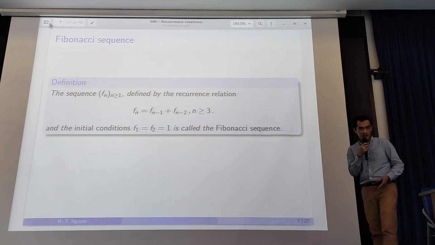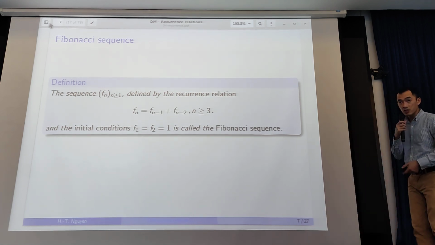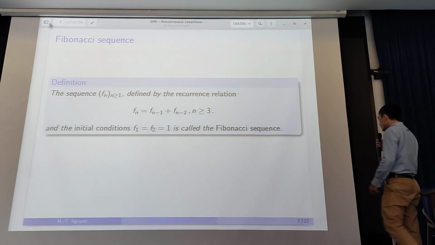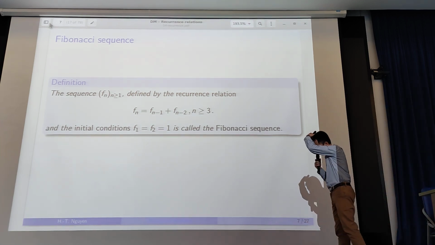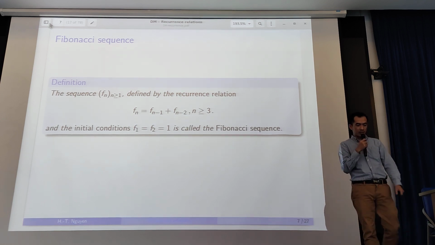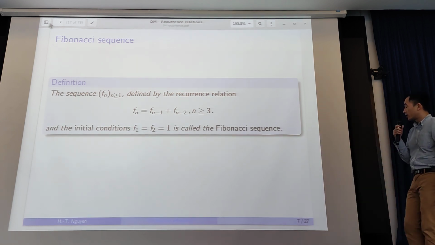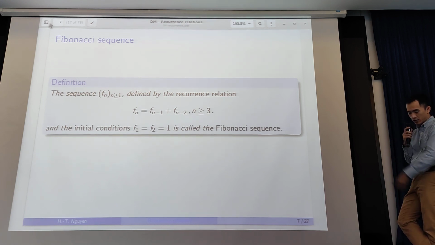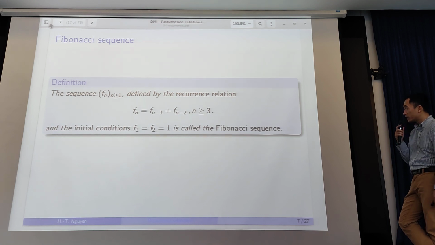So it makes sense that you must know two initial values in order to determine the whole sequence. We will see later the general linear recurrence. So this is called the Fibonacci sequence, and in a later part we will find a closed form formula for the terms of the Fibonacci sequence.